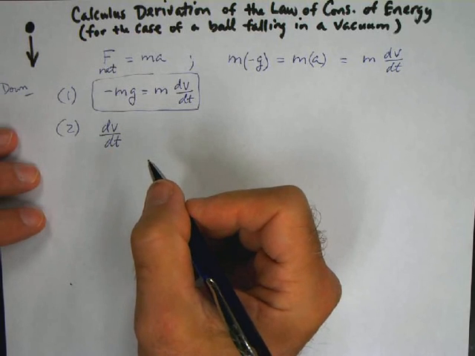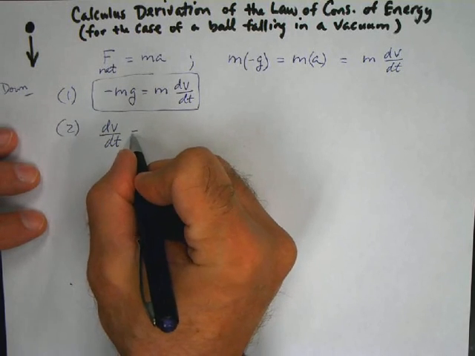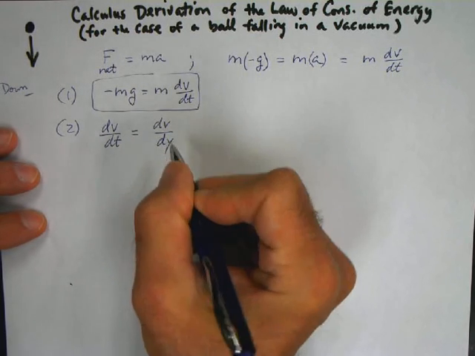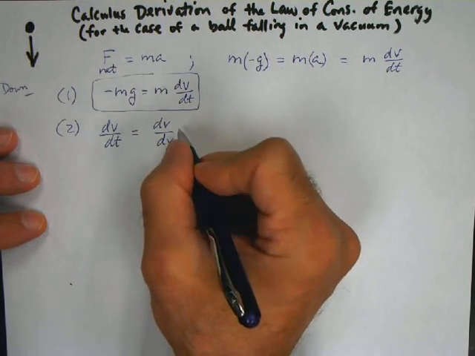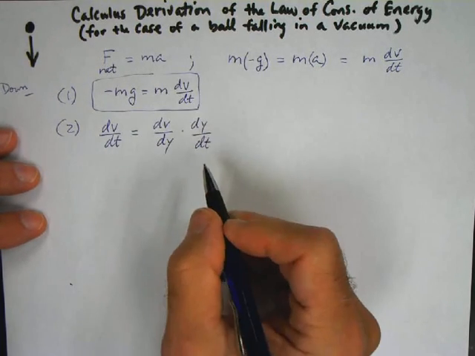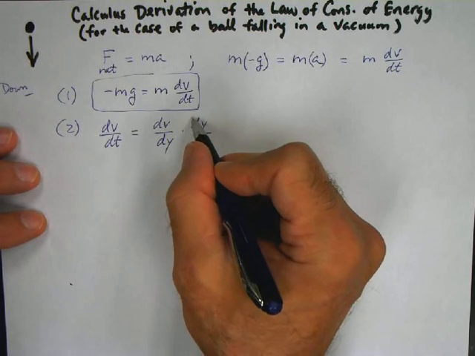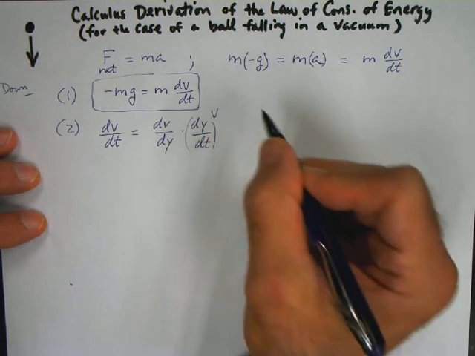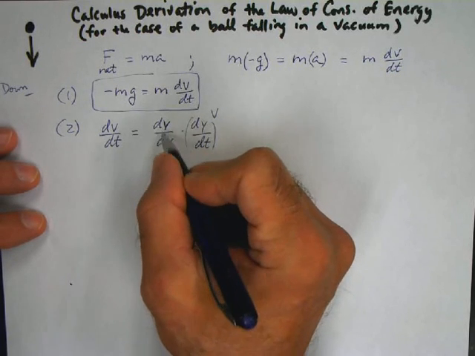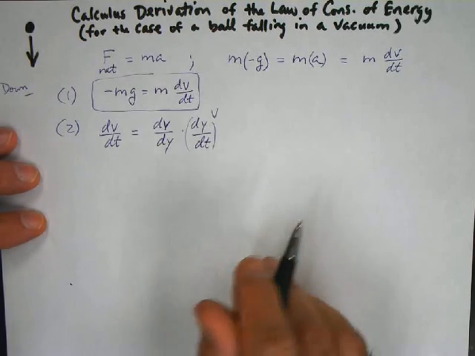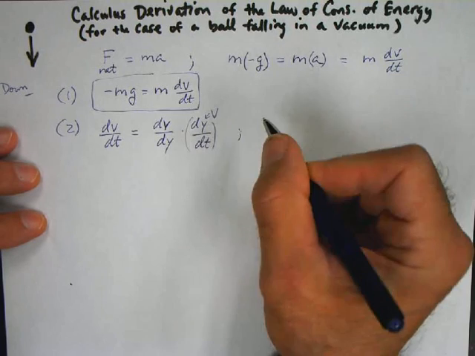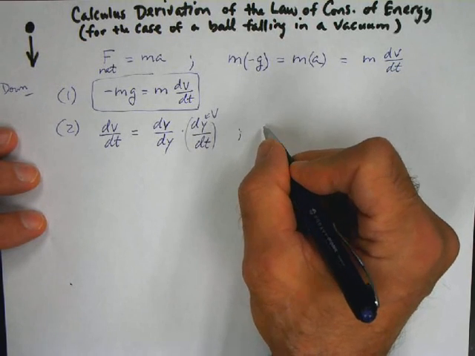You remember the chain rule? Well, we can rewrite dv dt. Instead of that, we can write it using the chain rule as dv dy, so that's in terms of position, not time, times dy dt. Okay, and remember dy dt is just the velocity. dv dy is now in terms of position instead of in terms of time.